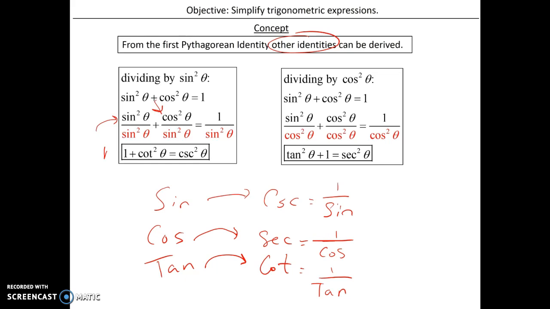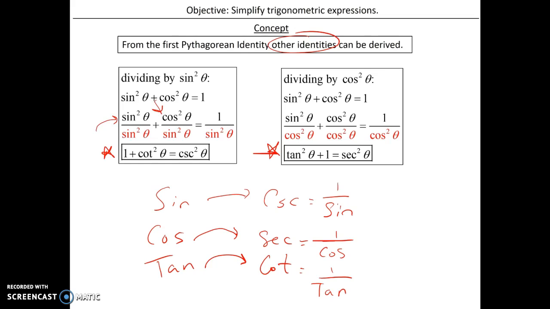So we get our second Pythagorean identity. For our third one, we do the same process but divide by cosine squared theta. Sine squared over cosine squared is tangent squared theta, those are our quotient identities. Cosine squared theta divided by cosine squared theta is 1, and 1 divided by cosine squared theta is secant squared theta. So we get this identity here.